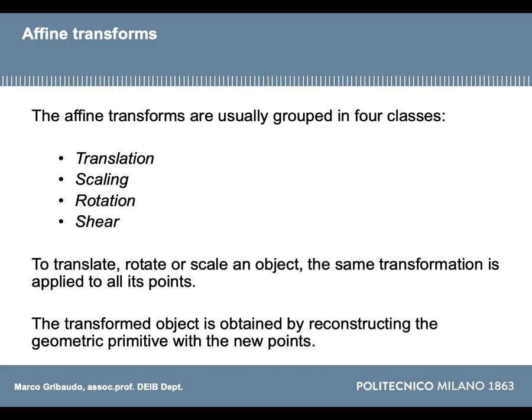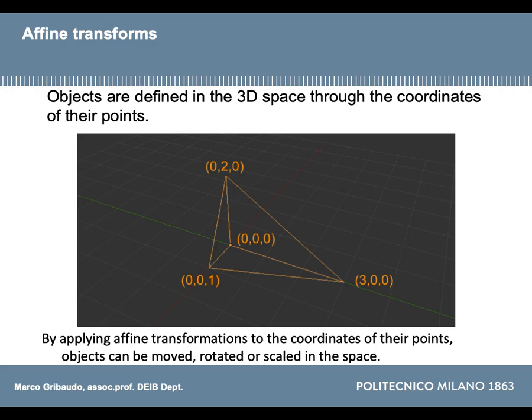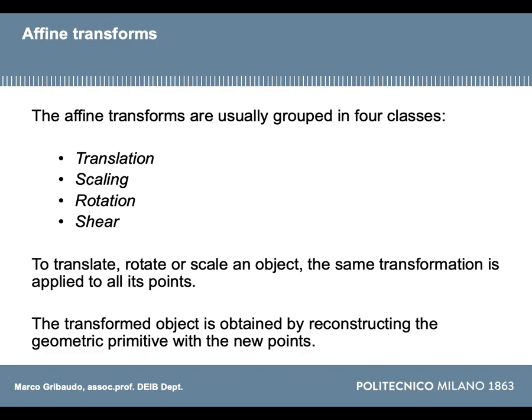If I repeat the same transformation to all the 4 points of this object, I will find the same object rotated by 30 degrees in one direction. Or if I apply the same transformation to this object, I can make it very, very small and move it far apart to the left. Okay? This is what I can achieve with this type of transformation.